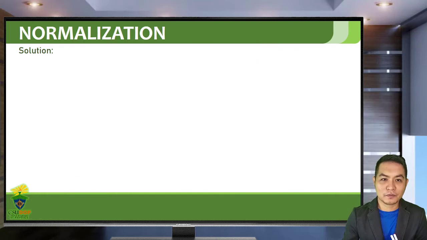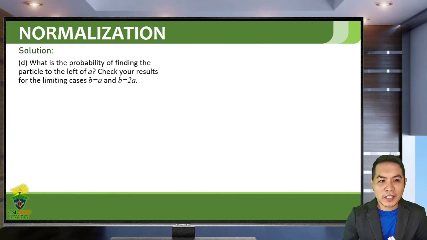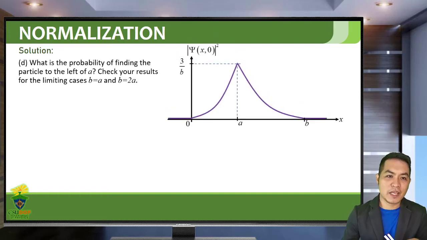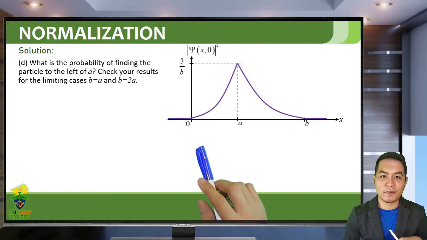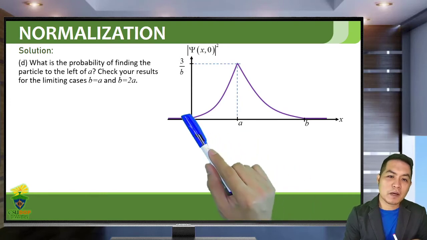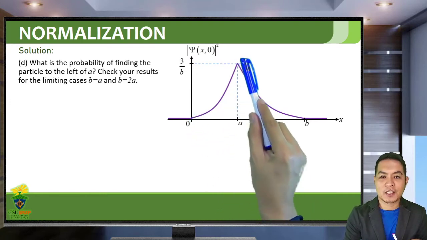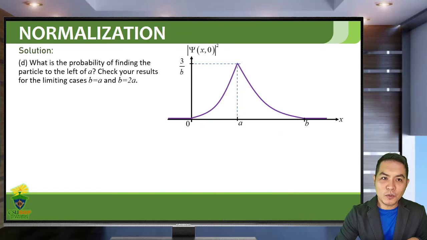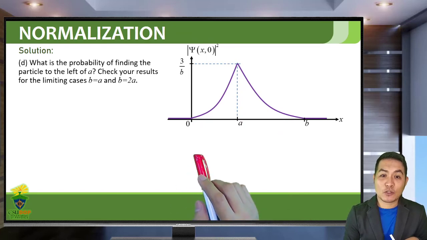Okay. So for letter D, you are asked to find the probability of finding the particle to the left of a, and check your results for these two limiting cases, b is equal to a and b is equal to 2a. So let's go back to our probability density sketch. We need to find the probability that the value of x is to the left of a.